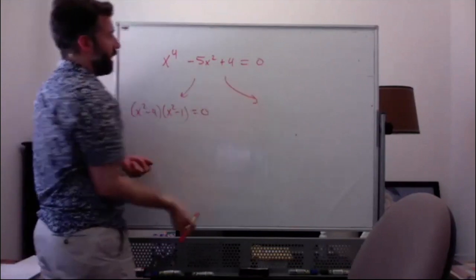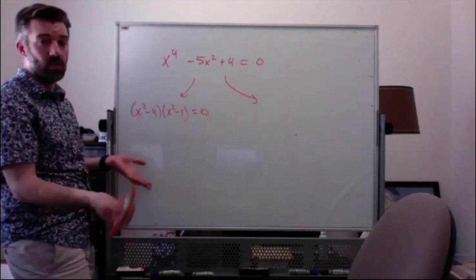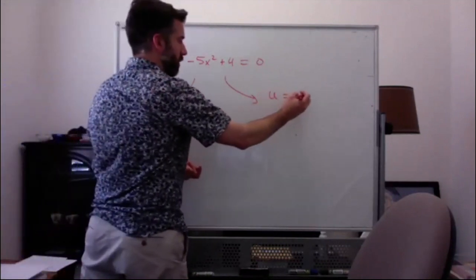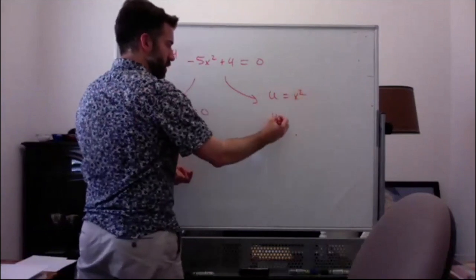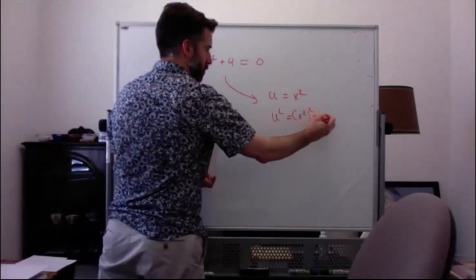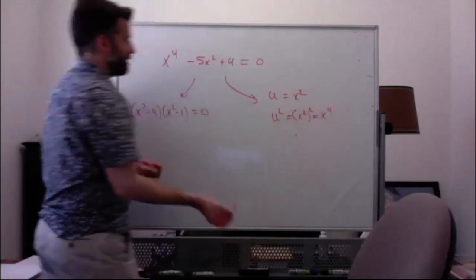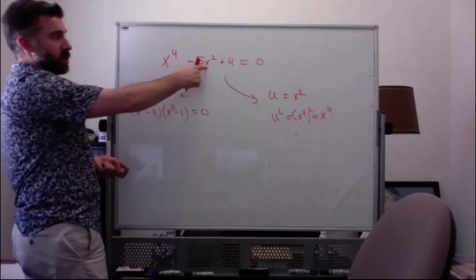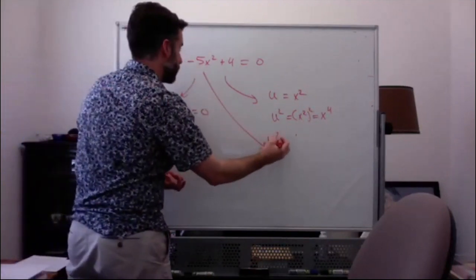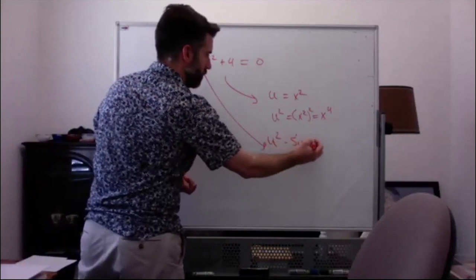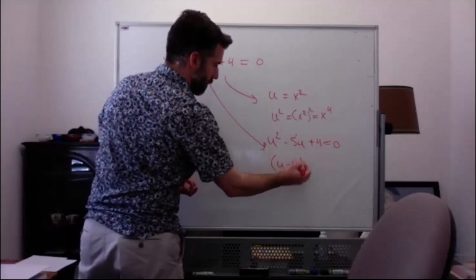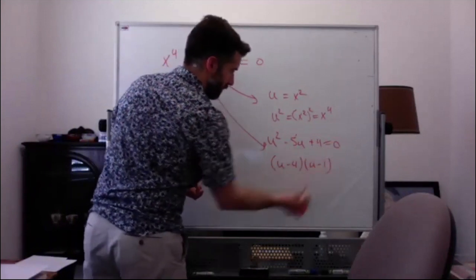Or I can do what's called a u substitution for a quadratic form and let u equal x squared, so that u squared is x squared squared, which is x to the fourth. Basically, u squared should be one of the things and u should be the other thing. And then I'm going to rewrite this as u squared minus 5u plus 4 equals 0, and then factor it as u minus 4 times u minus 1.